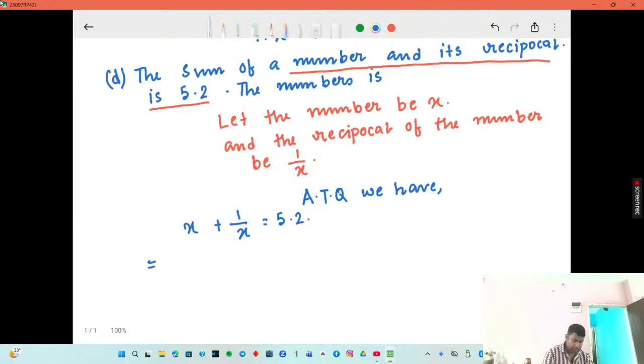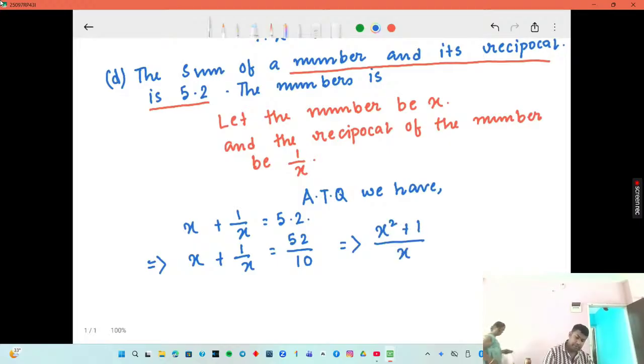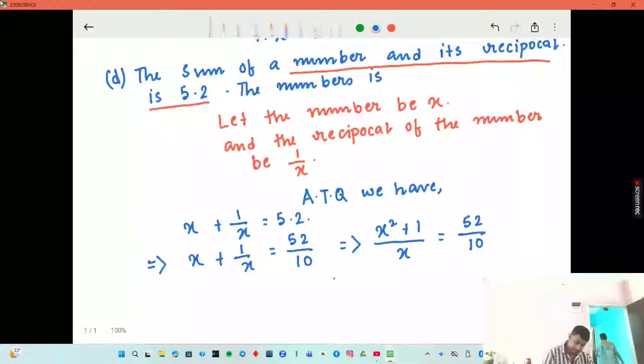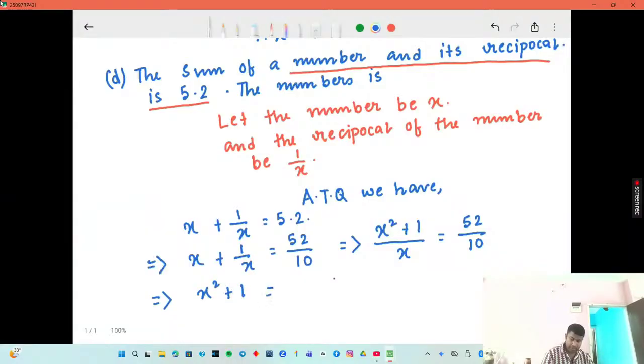So now we have to solve this equation. x plus 1 by x is equal to 52 by 10. So x squared plus 1 is equal to 52x by 10. Is it clear?